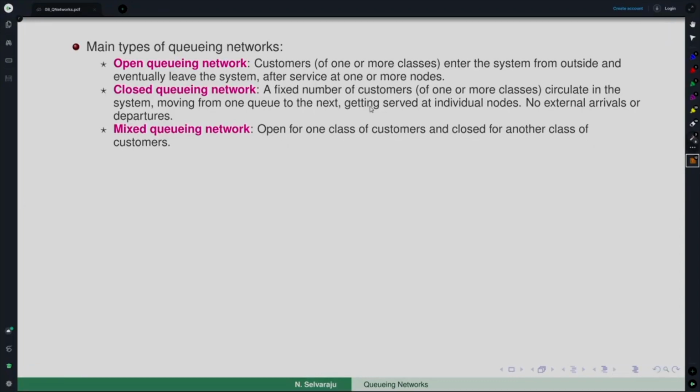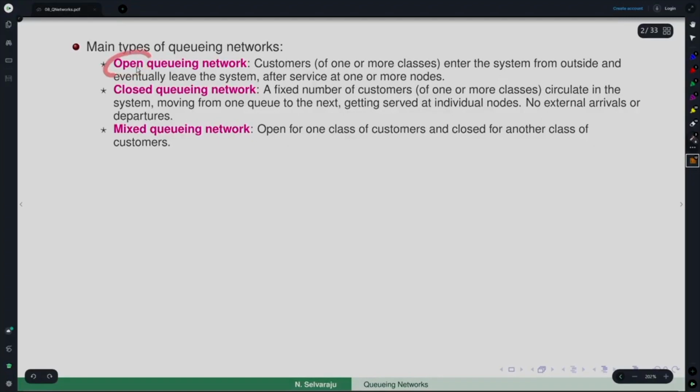So, there is an input to this system coming from outside, the external arrivals are there, and after getting service in one or more nodes, they eventually leave the system, right. That is the kind of thing we call an open queuing network.